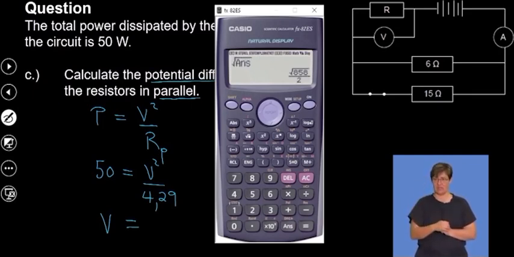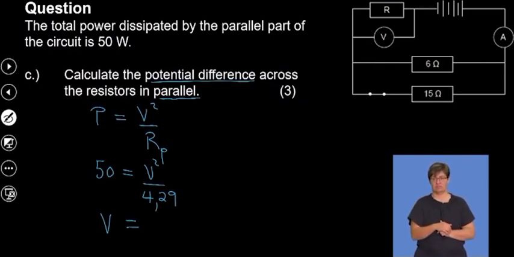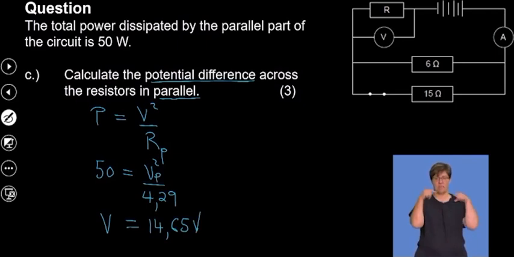So our voltage across the parallel combination of resistors is 14.65 volts. We can think of this as V parallel, because that's what the question wants from us.